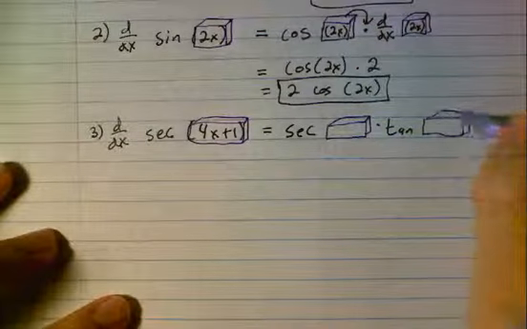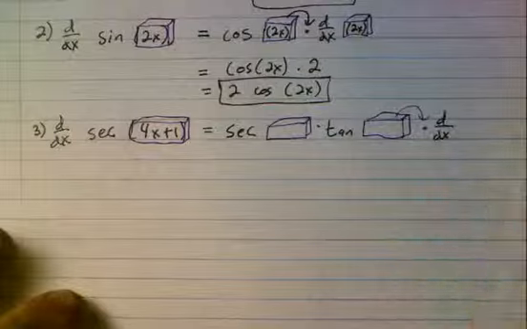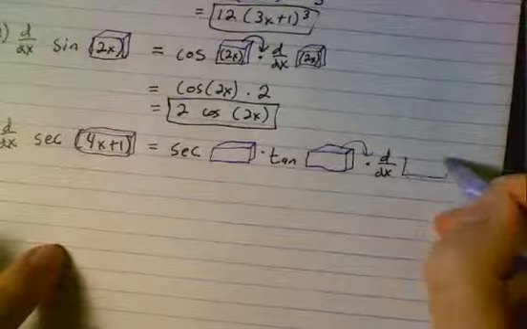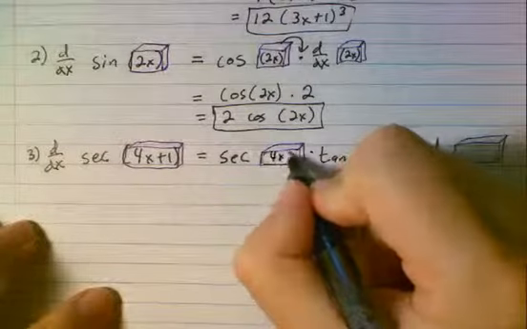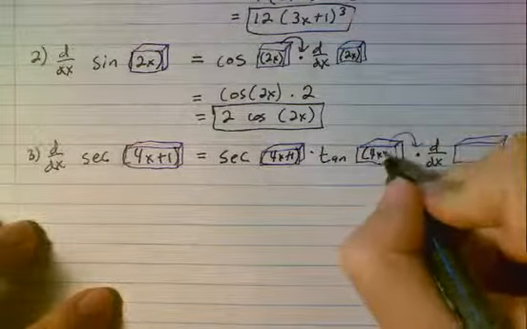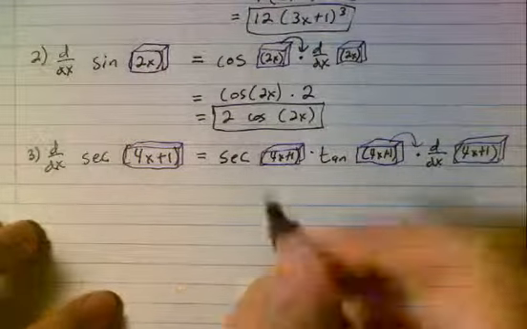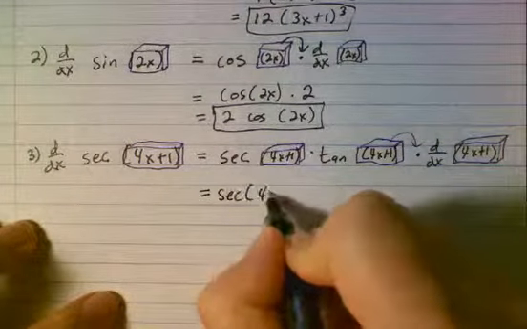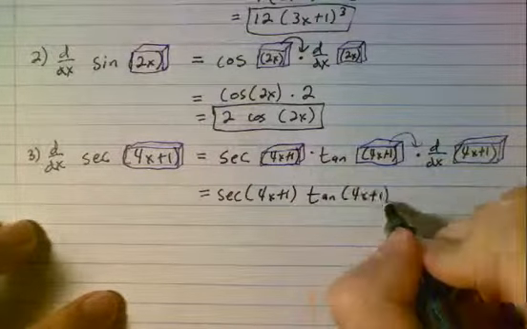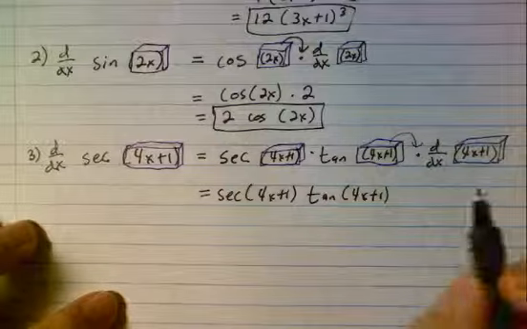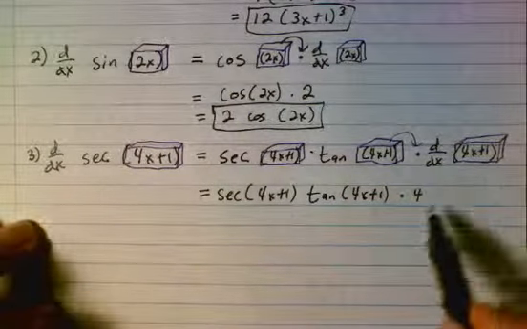And whatever's in our box, we've got to take the derivative. That was 4x plus 1. So we've got the secant of 4x plus 1 times the tangent of 4x plus 1, and the derivative of 4x plus 1 is just 4 plus 0, so just 4.